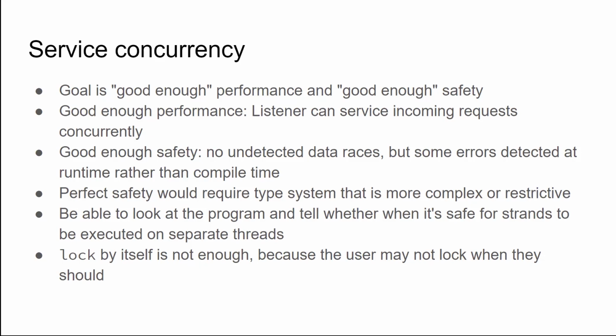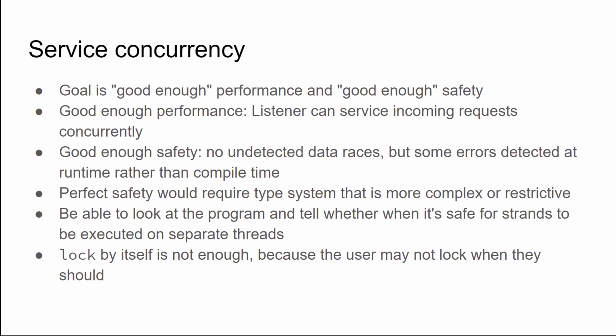The way we want it to work is that you've written a program, you've got some services. Those services have some resource methods, and the listener needs to be able to tell, is it safe to run those services on separate threads or not?